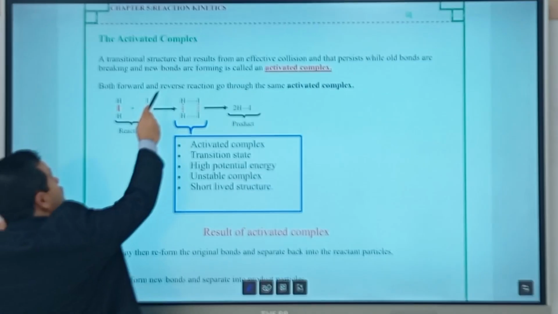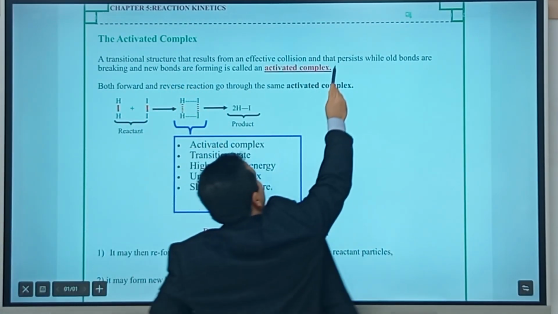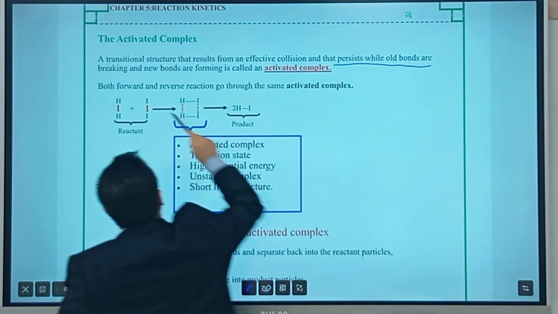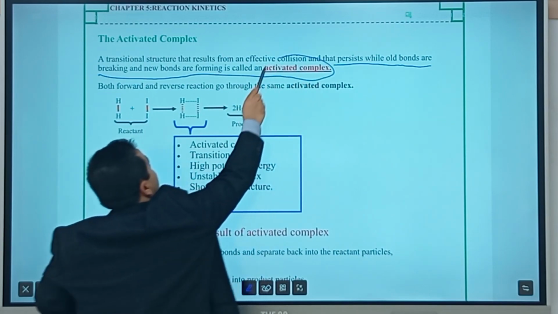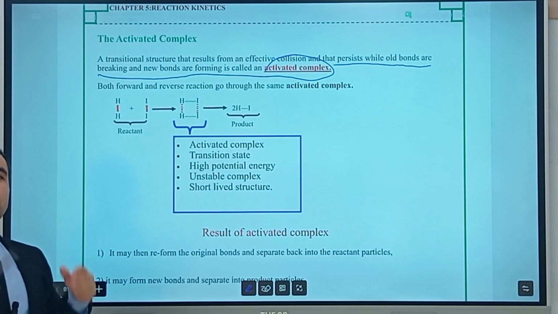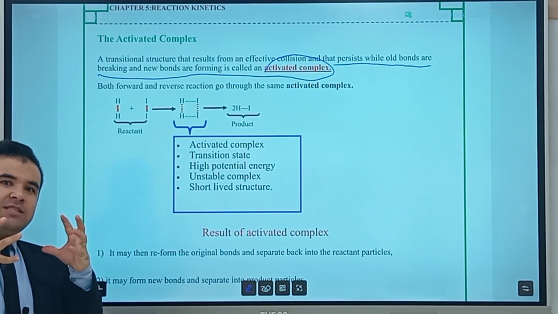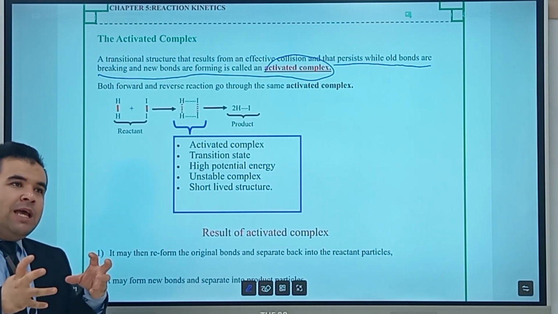A transitional structure that results from an effective collision and that persists while all bonds are breaking and new bonds are forming is what the activated complex is. A transitional structure means it stays for a temporary period of time.